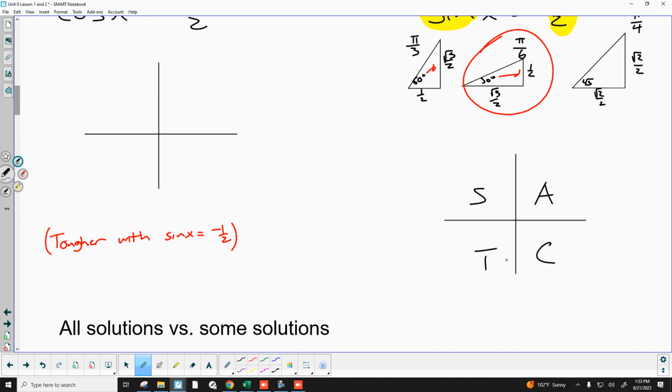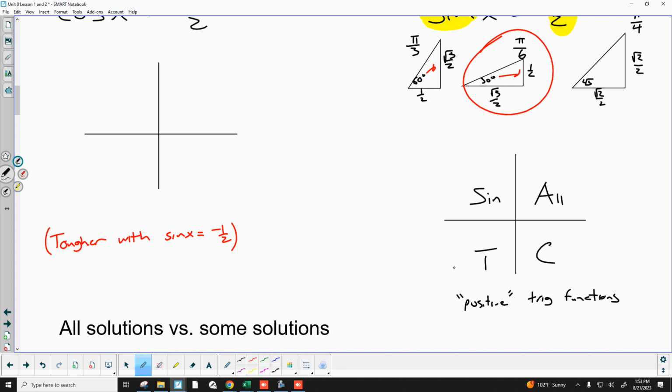So it's for positive trig functions. What do I mean by that? Like the A stands for all. Every single trig function, sine, cosine, tangent, and the reciprocals are positive in the first quadrant. S stands for sine.